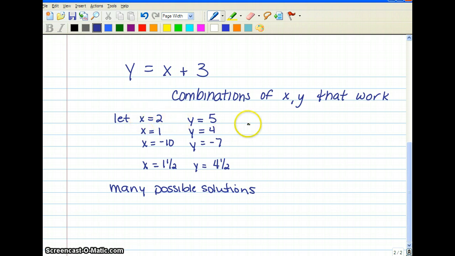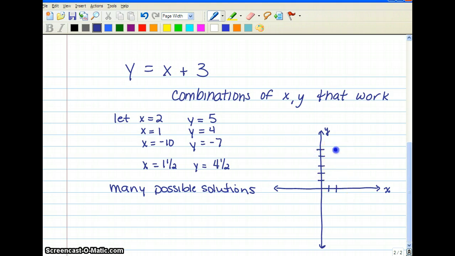Well, in order to graph all these solutions, they have x's and y's in them. So it's no longer good enough to just have a number line. We have to have the coordinate plane. So we need an x-axis and a y-axis. So if we put in x is 2, y is 5.